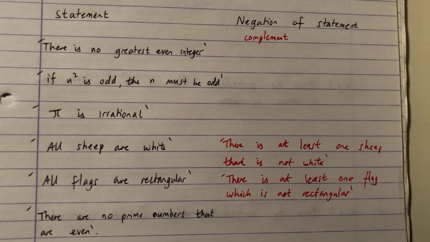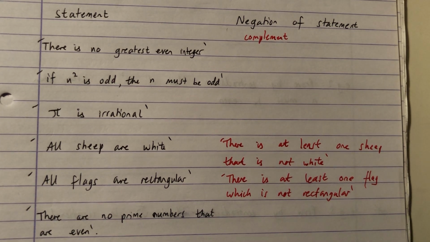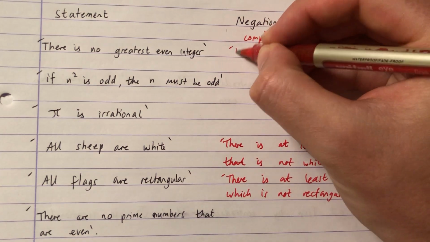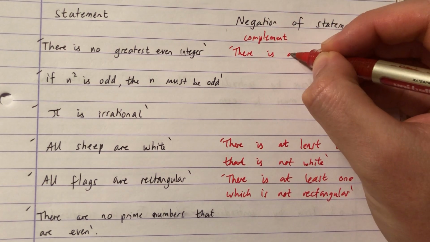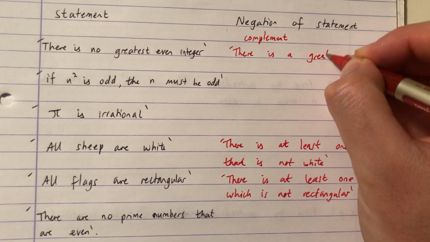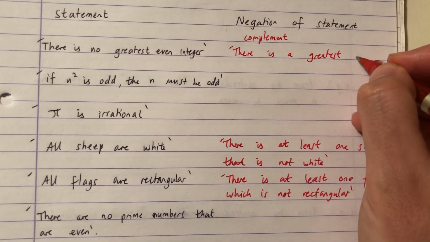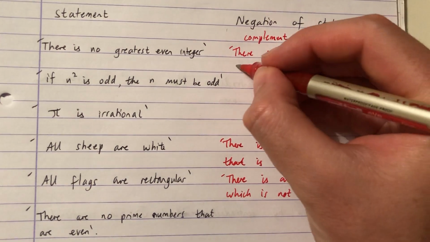Right, let's try the mathematical ones now. The first one says there is no greatest even integer. In other words, there's an infinite amount of even integers. So the complement or negation of this would be there is a greatest even integer.